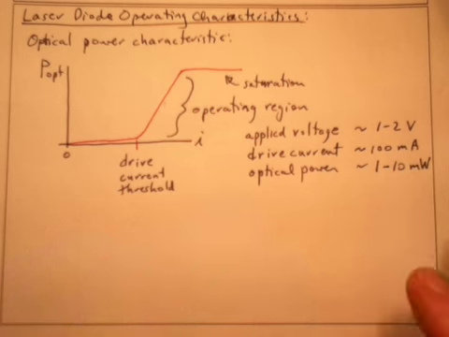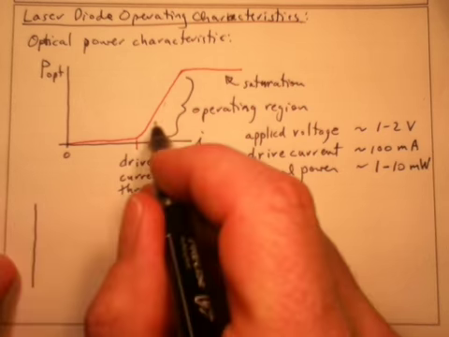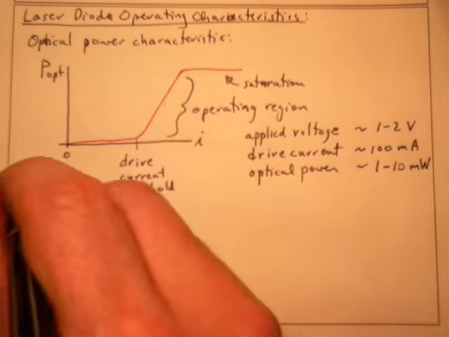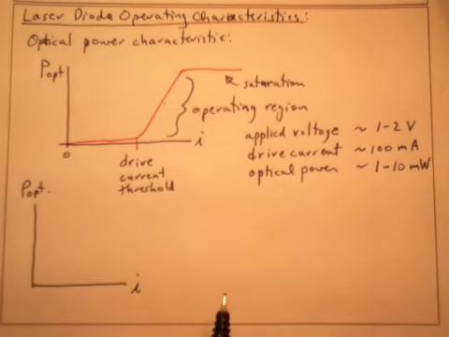The other thing that makes laser diodes more of an issue to deal with is the fact that this whole curve is temperature dependent. So we have our drive current versus optical power out, and I'll reproduce figure 6.25 here.